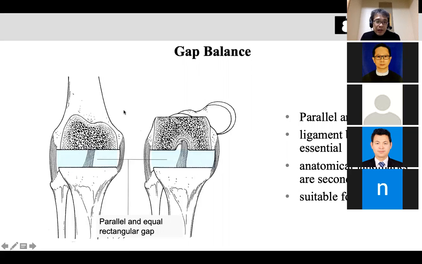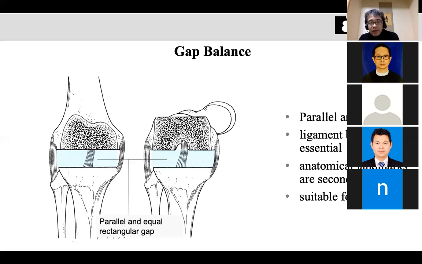Rectangular. There are two rectangles that are made by the two cutting planes from the femur and tibia. That should make a rectangular, parallel gap, and this rectangle is the same size, same distance in both extension and flexion.